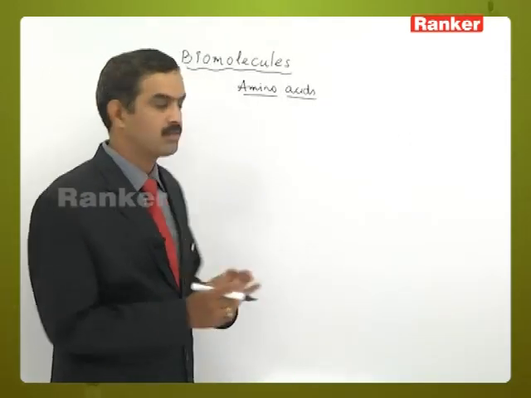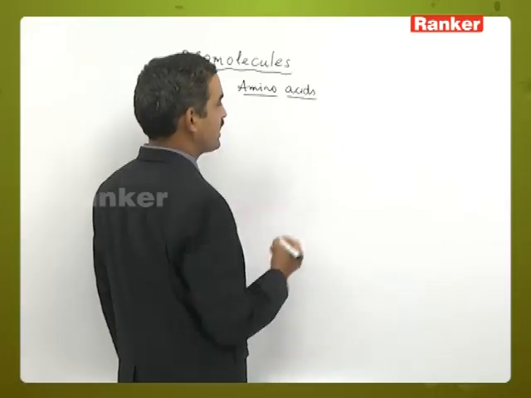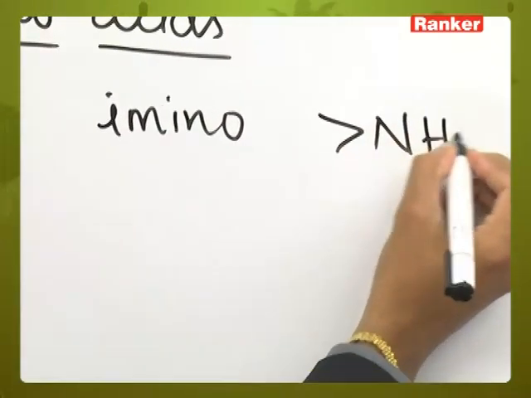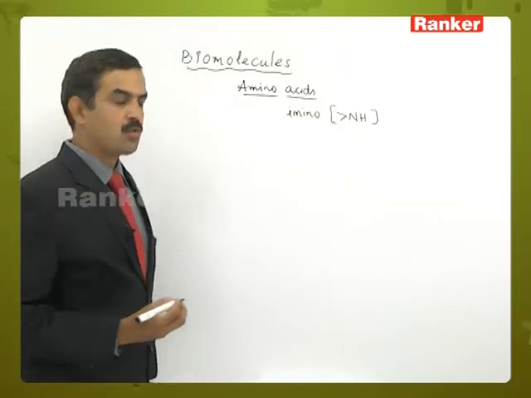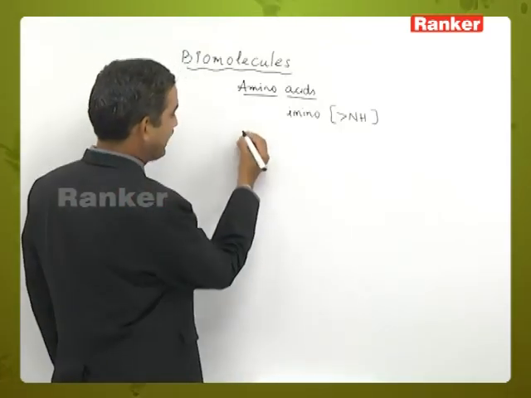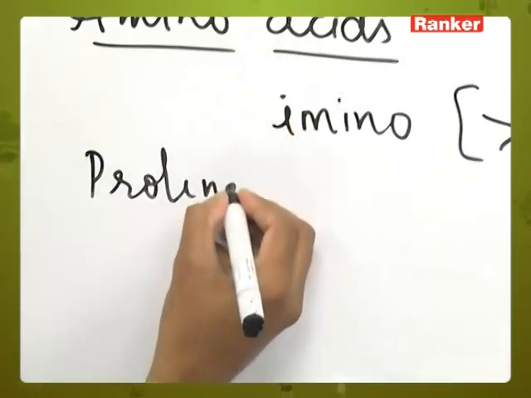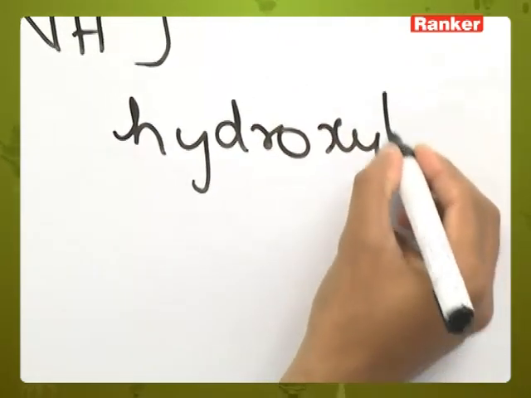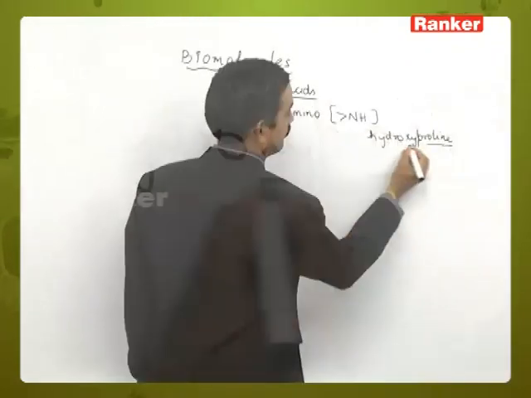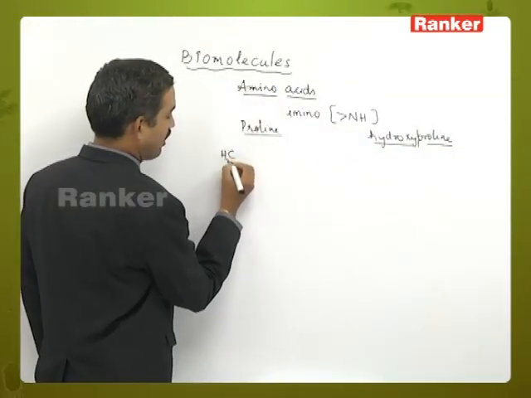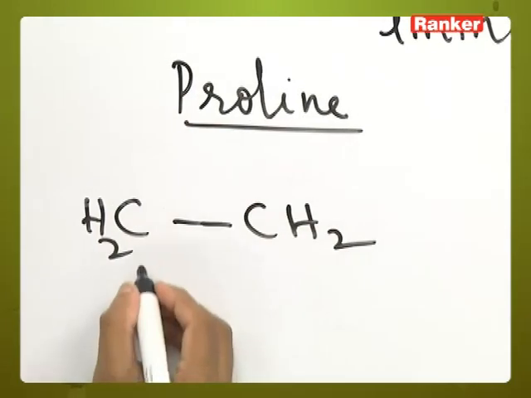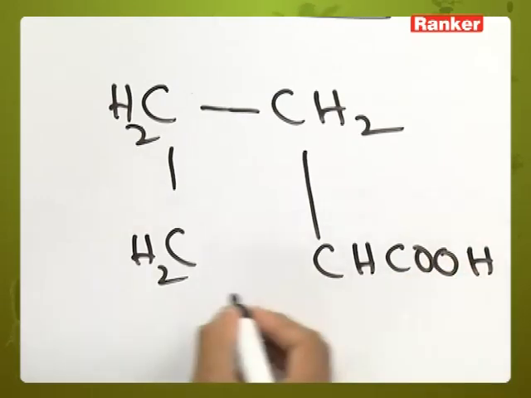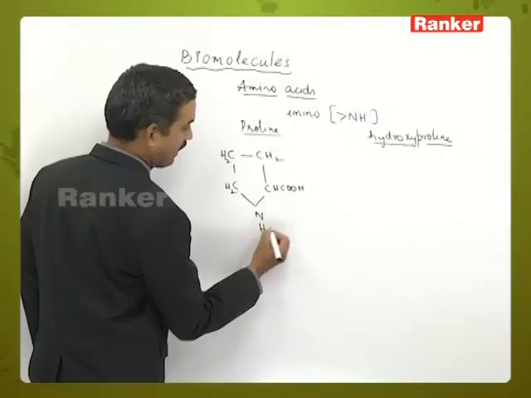In some of the amino acids, the amino group is replaced with an imino group. Imino group is NH, and these show a heterocyclic nature. Let's take some examples, proline and hydroxyproline. Here the molecular organization will be like this: CH2, CH2, CH2, CH, COOH with the NH part.